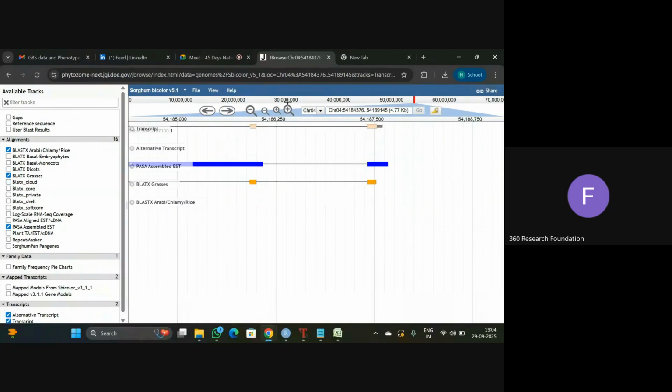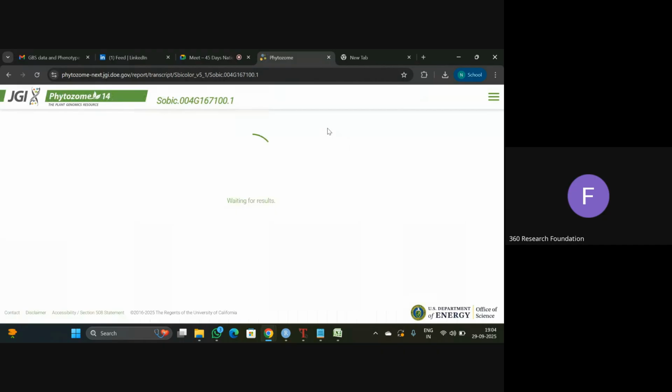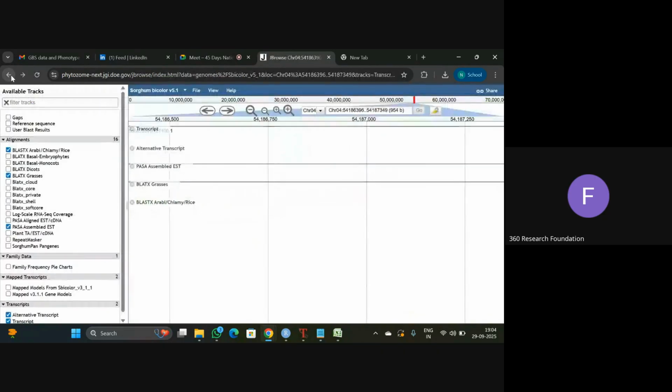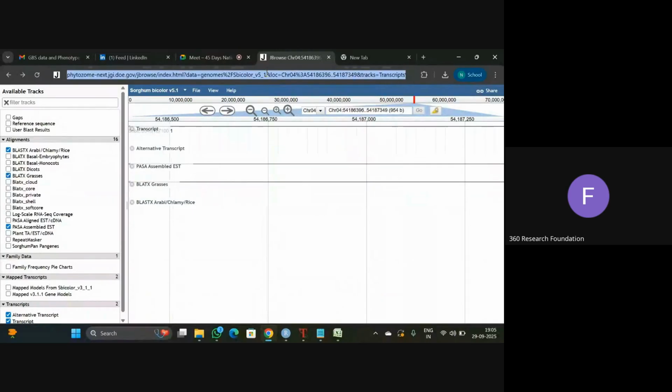So see, in 5.1 also, this marker position is there on the same gene. But the gene ID is different. Here you will get the gene ID. In 3.1, the gene ID was different.